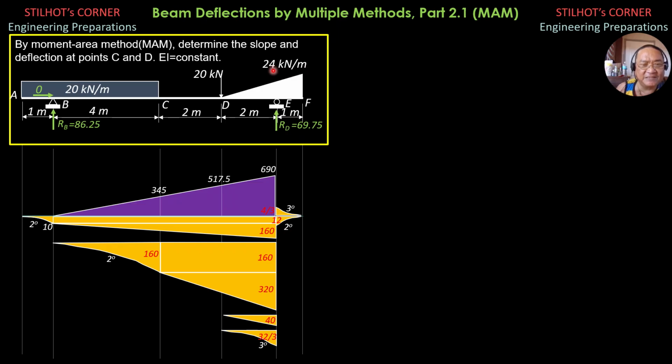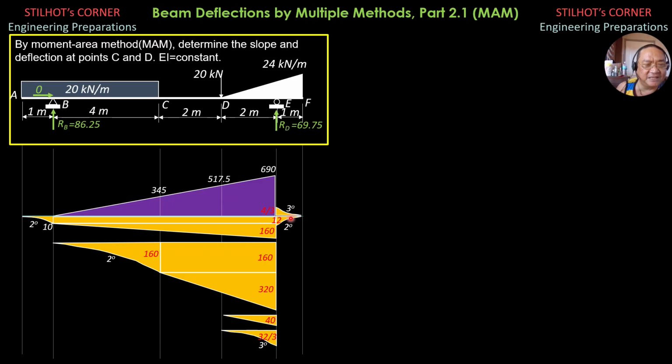And for this imaginary triangular loading, which we fill in because we treated this as rectangular, 1 half of 1 times 8, because this is 16, 24 minus 16 is 8. 1 half of 1 times 8 times 1 third is 4 thirds, and that's third degree.